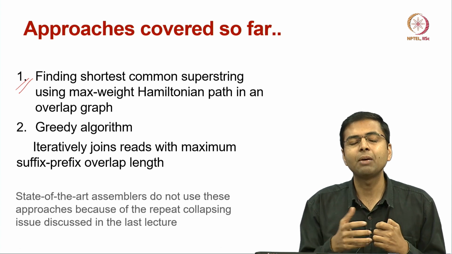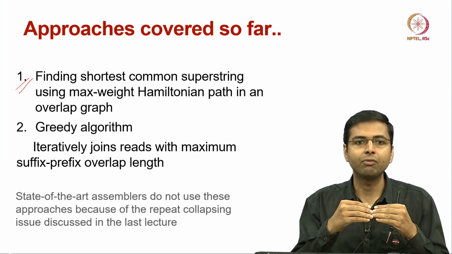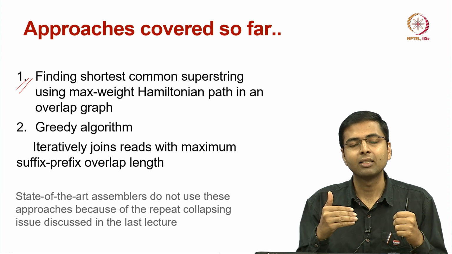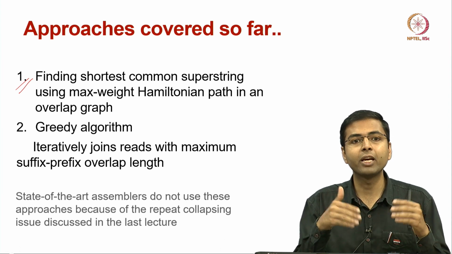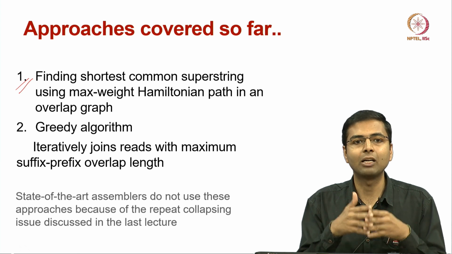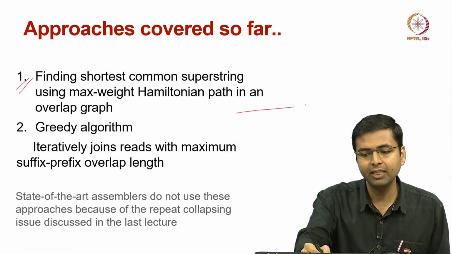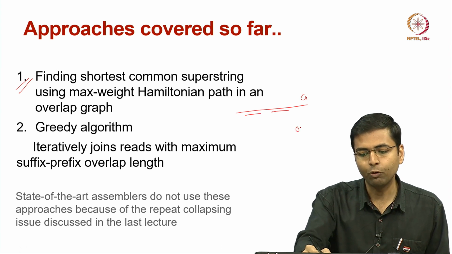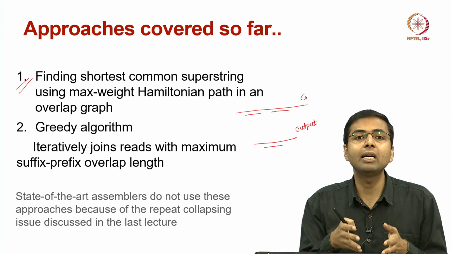But we saw some examples in the last lecture where, if you have long repeats in the genome sequence, then the output of these algorithms tends to be a shorter sequence. So if the true genome sequence G has long repeats, then the output of these algorithms can sometimes collapse the repeat copies, where you have maybe only a single instance of the repeat.